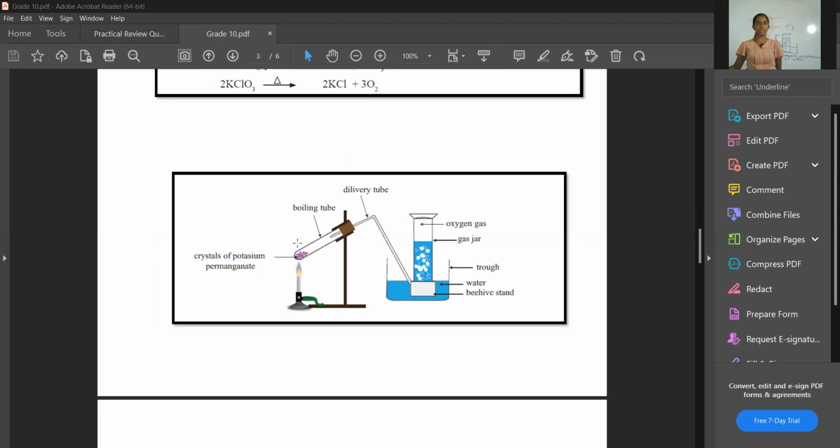Here we use the boiling tube. To the boiling tube, we put some crystals of potassium permanganate, and by using the Bunsen burner, we have to heat it. Then here also we use the same setup to collect the oxygen gas, the same setup as we use for the collection of hydrogen.